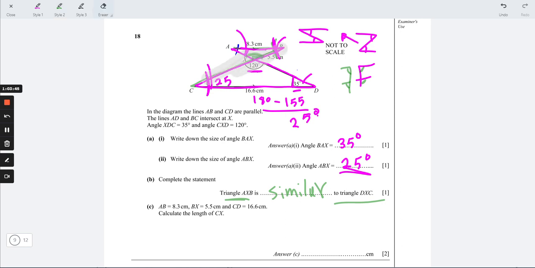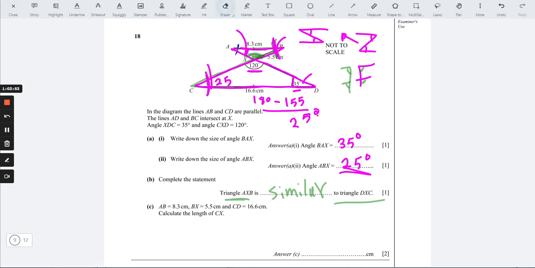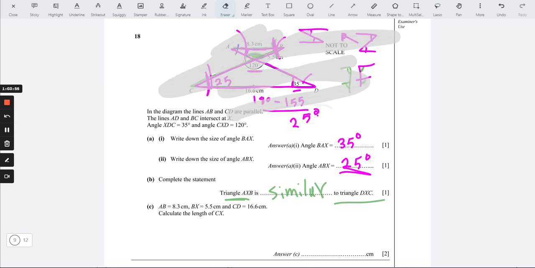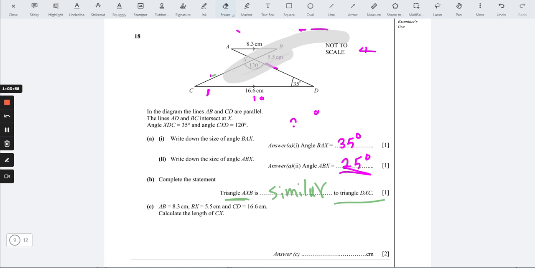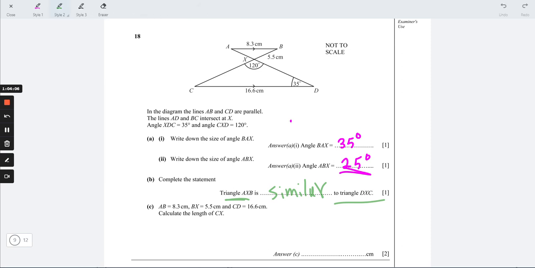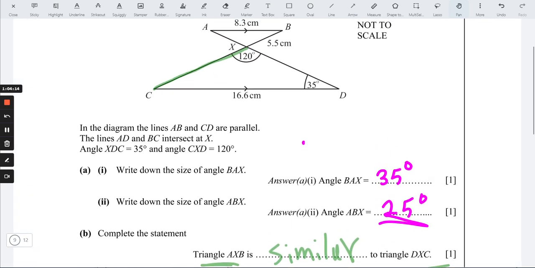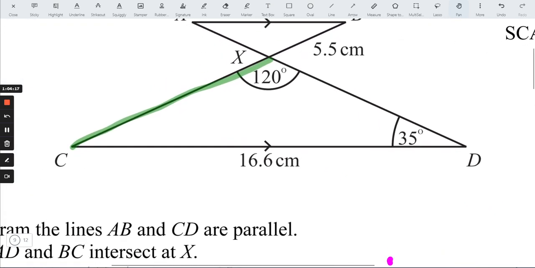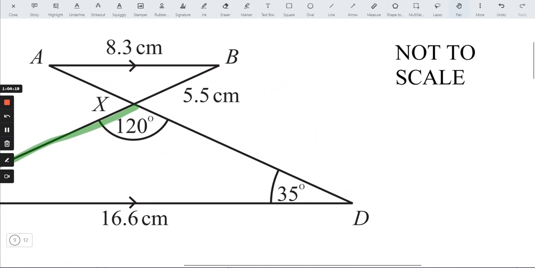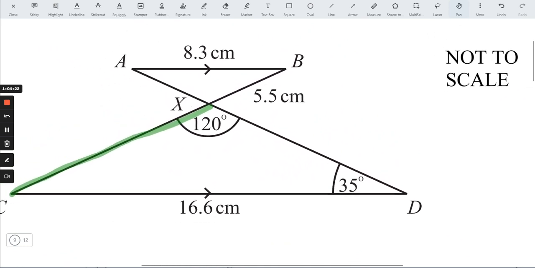Let's clear the graph here. Find what they want to find. CX is this one here. But since they are similar, that means there is proportionality. Similar triangles are also equal in proportion.